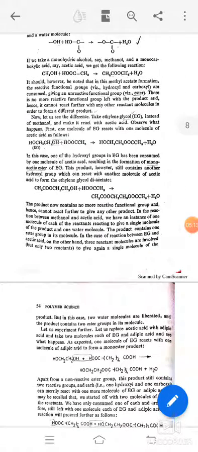In this case, two water molecules are liberated and the product contains two ester groups in its molecule.